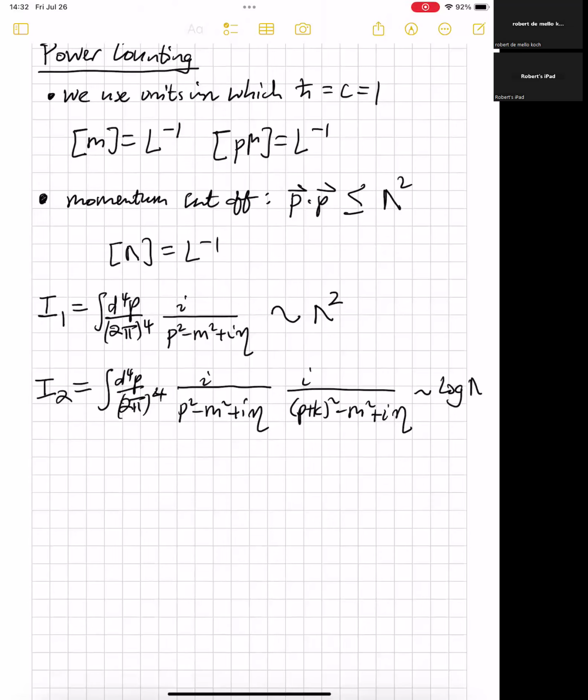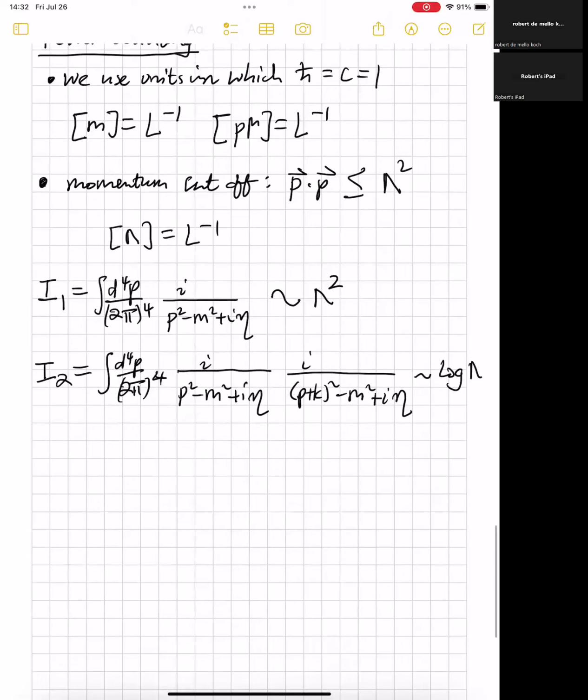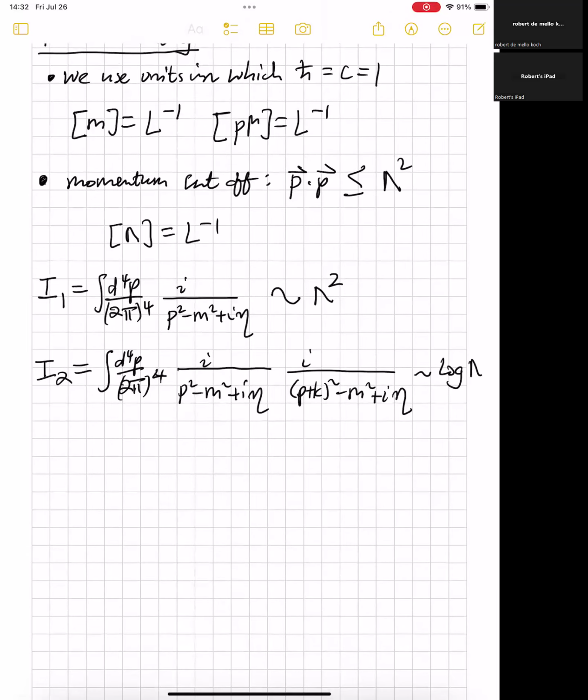Now let's see if there's an easier way to get this Λ^2 and this log Λ, okay? Well, we're just going to use dimensional analysis. So if we take d^4p, what is d^4p? Well, this is like length to the minus 4, because we get length to the minus 1 for each component of momentum. And then we've got all of these propagators sitting here, okay?